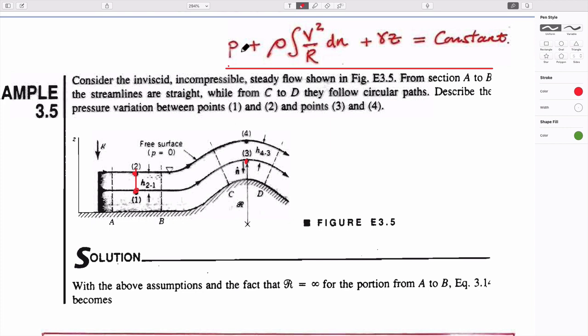And so if we apply this expression here, I always prefer to write it divided through by unit weight, just because I think it's easier. So this is rho g.